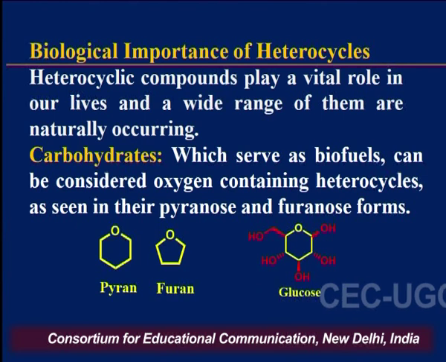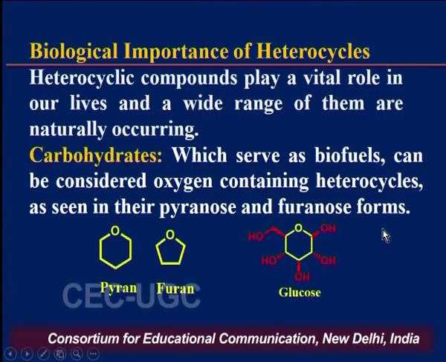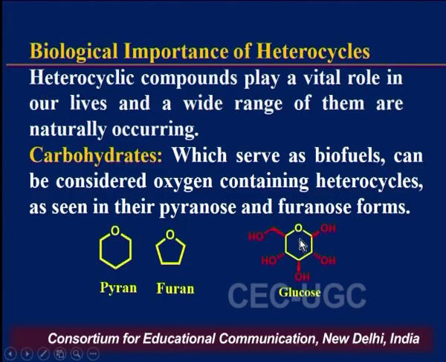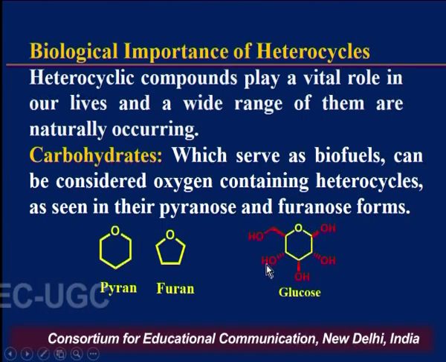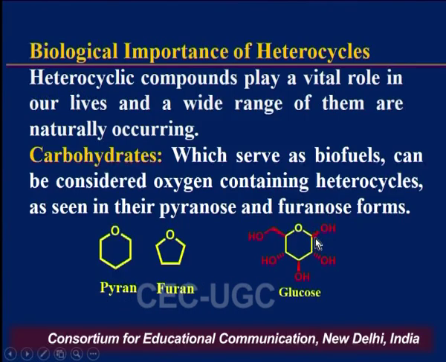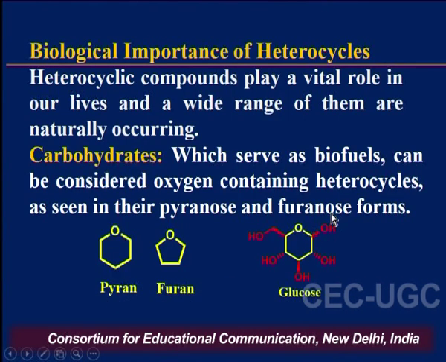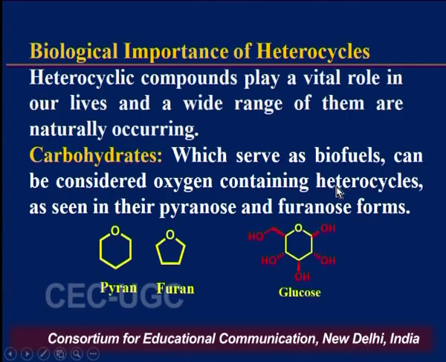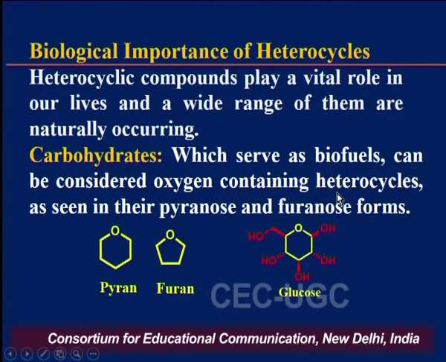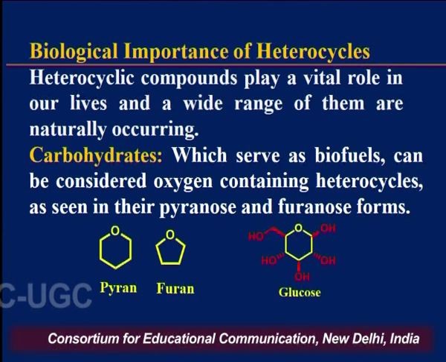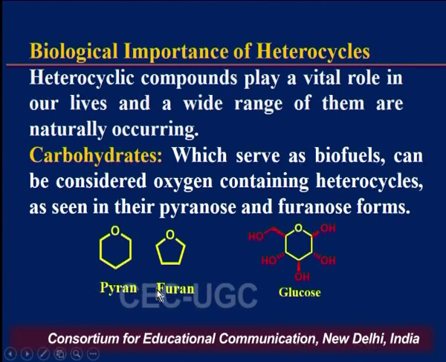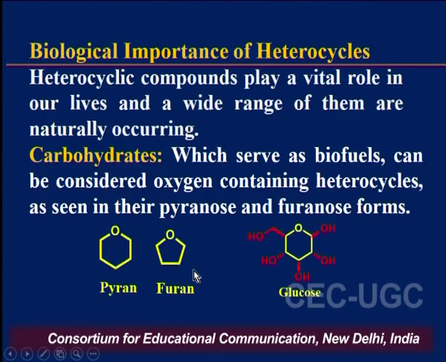Why are we saying this? Because in carbohydrate molecules you will see that all carbohydrates have pyran or furan as the unit in their core structure, and we know very well that carbohydrate molecules serve as biofuels for all kinds of living organisms. They can be considered as oxygen containing heterocycles, as can be seen in the pyranose form and furanose form.